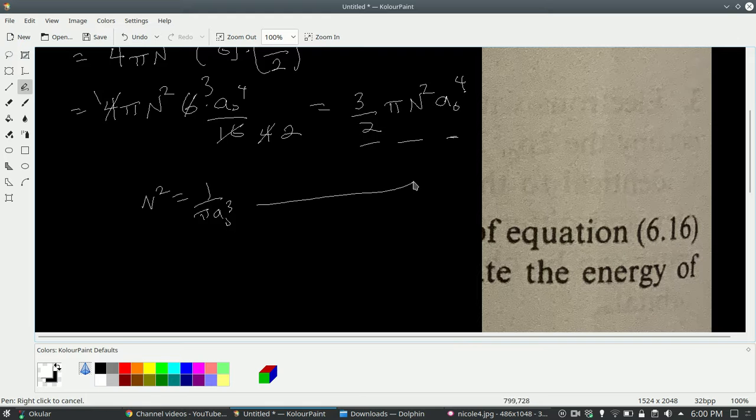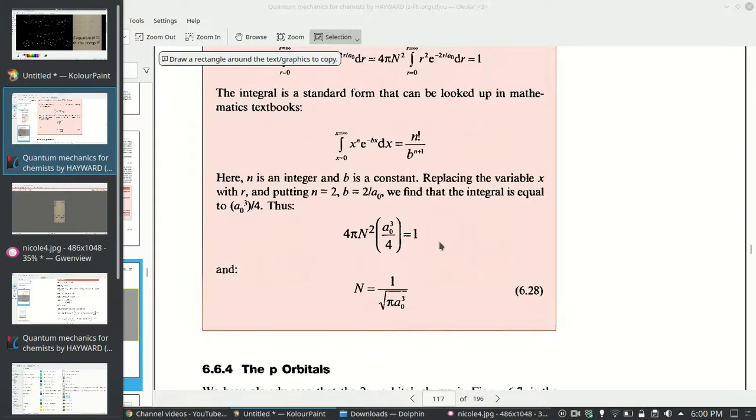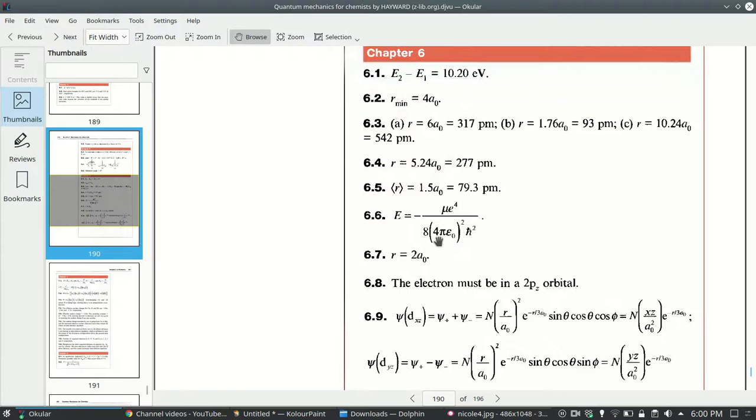So this goes in right there. So that means the average r is going to be equal to, copying things down and substituting this in for the n squared, 1 over pi a naught cubed, and then a naught to the 4th out here. This is gone, this is gone, and I end up with 3/2 a naught. So that is the average value of r, and that is what we wanted. There it is, 1.5 a naught. Very good.